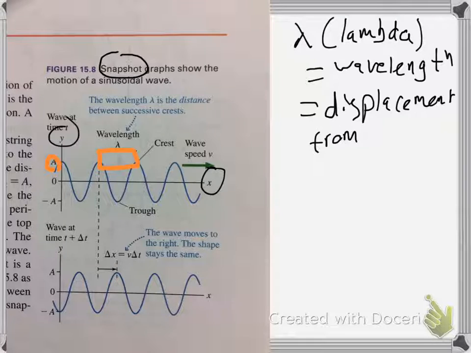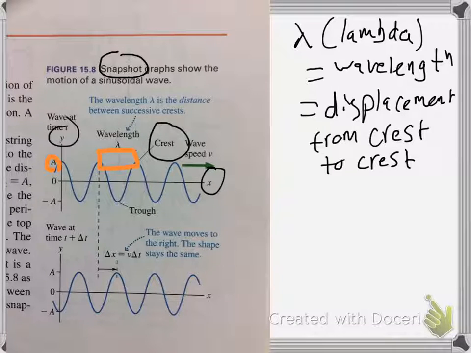And the crest is kind of another way of saying amplitude. If it's at the top, if it is above the x-axis, we call it the crest. If it is below, we call it the trough. So just words that you should be a little familiar with.